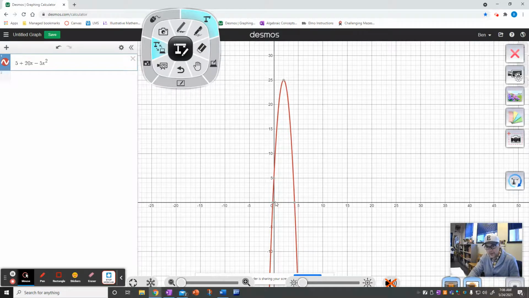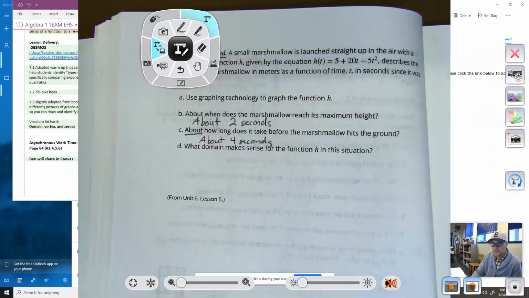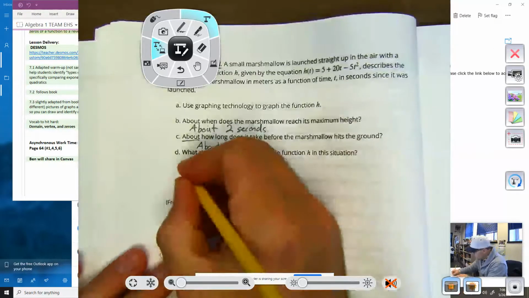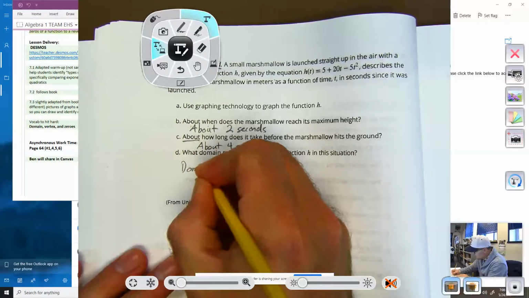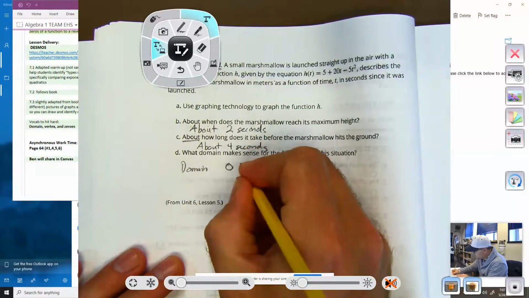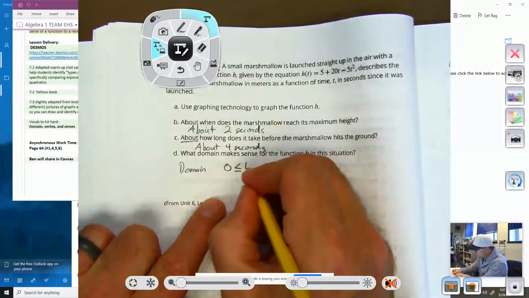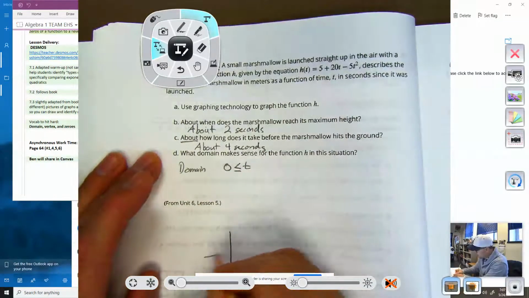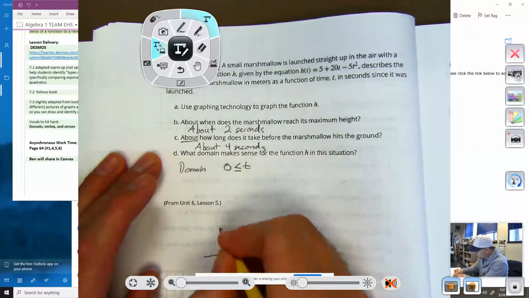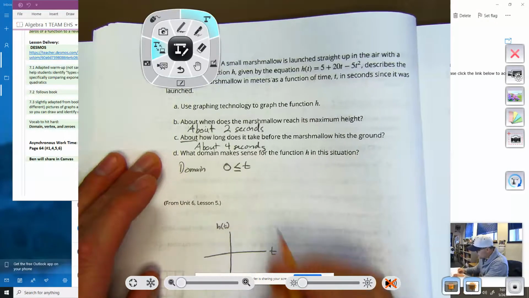That's our domain of time from 0 all the way over to 4.236. So over here, domain is from 0, and we can equal 0. Remember, t is our variable, right? So if I draw my graph, this was t, and this was h of t, instead of x and y.